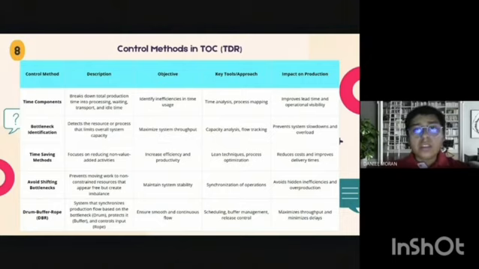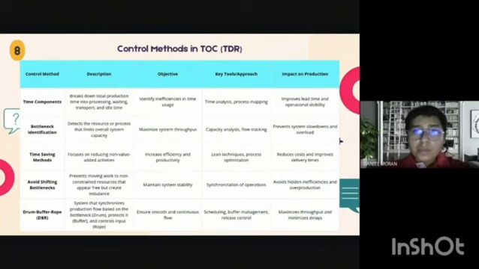We must detect the specific resource that limits our overall system capacity. Once identified, we apply time-saving methods using lean technologies to reduce non-value activities. It is also crucial to avoid shifting bottlenecks. We must prevent moving work to non-constrained resources, which may appear free but actually create system imbalances and overproduction.